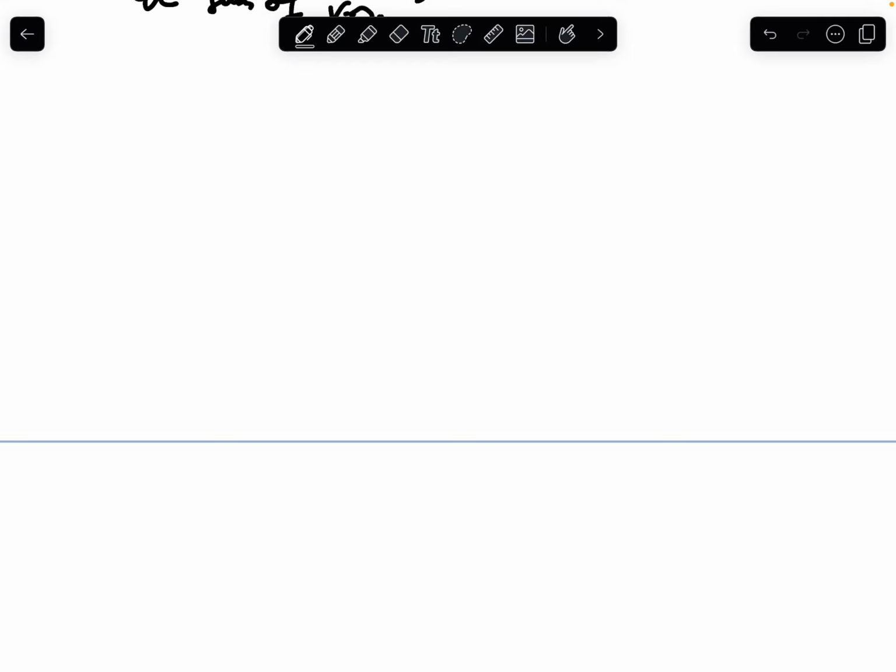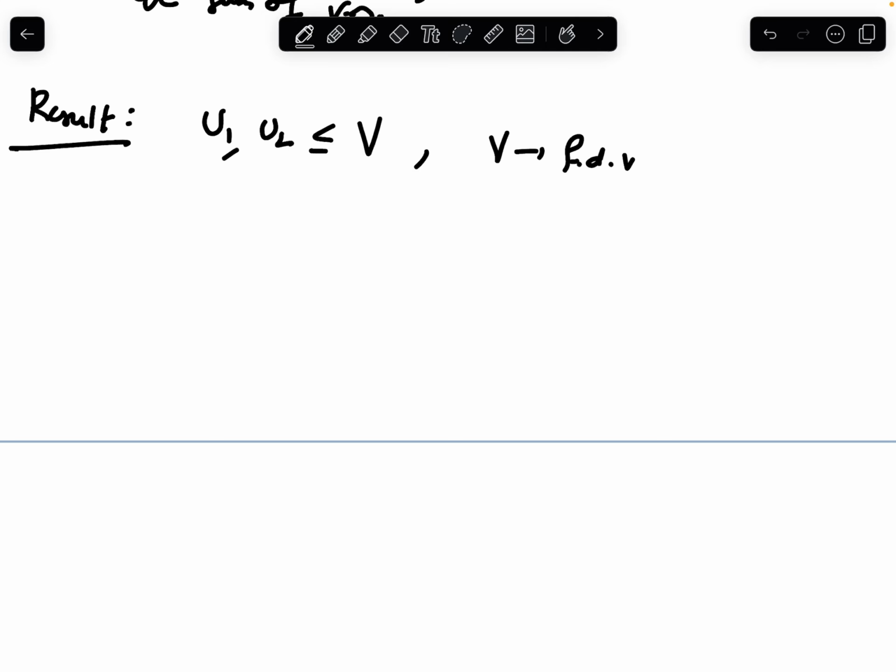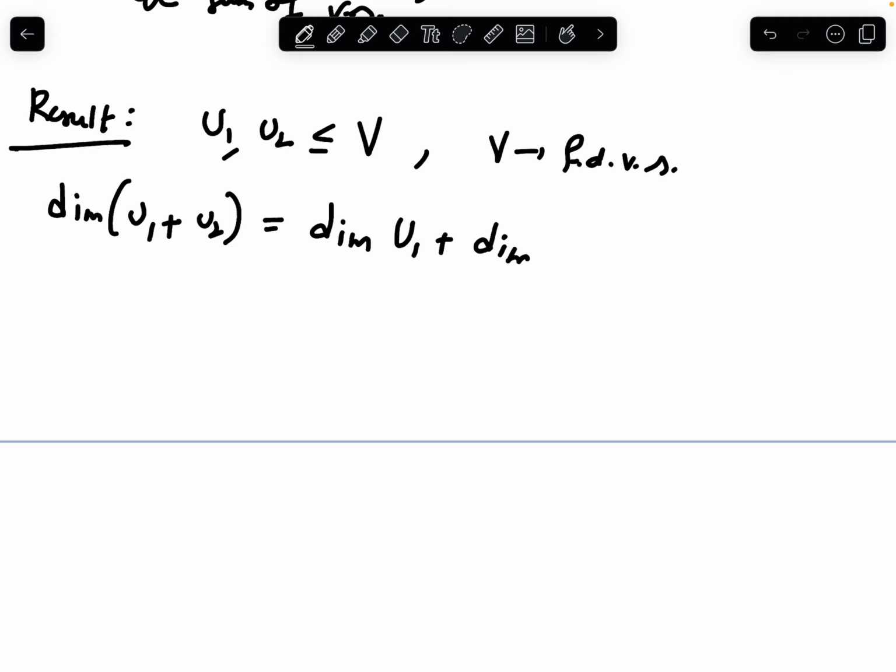So let's note a result which says that if u1, u2 are two subspaces of V and V is a finite dimensional vector space, then dimension of u1 plus u2 equals dimension u1 plus dimension of u2 minus dimension of u1 intersection u2.